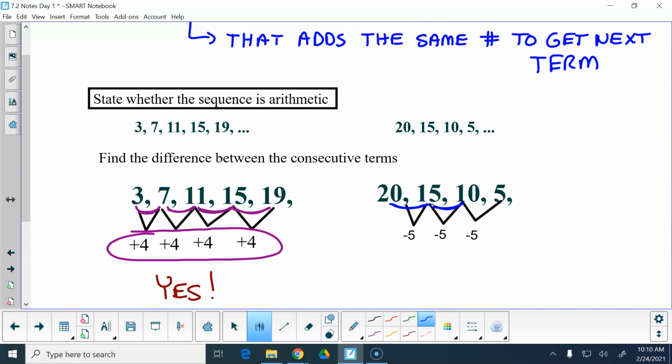Again, subtracting 5. Again, subtracting 5. So all of these are the same. So yes, this is also an arithmetic sequence. Adding doesn't always mean we're getting bigger.